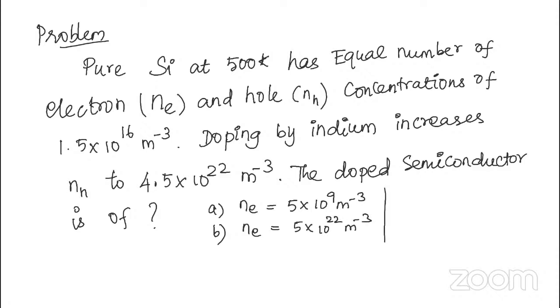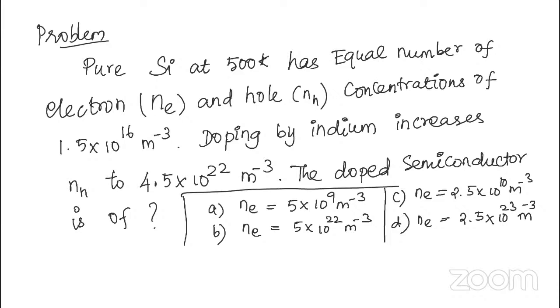Option C, 2.5 into 10 power of 10 meter power minus 3. And option D, Ne is equal to 2.5 into 10 power of 23 meter power minus 3. So the 4 options are given.